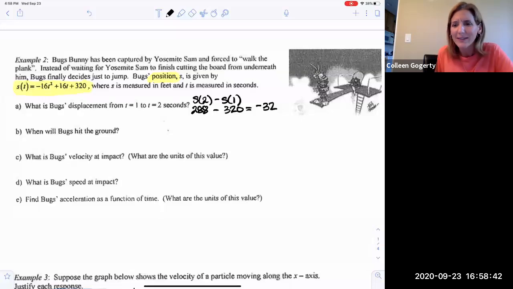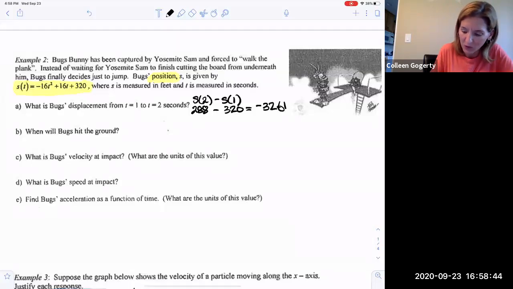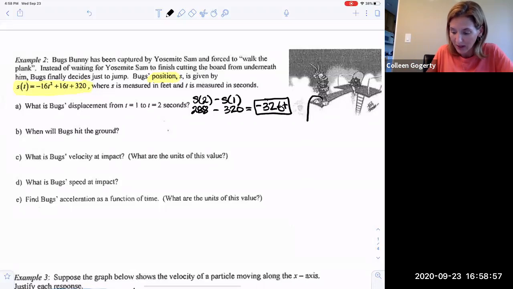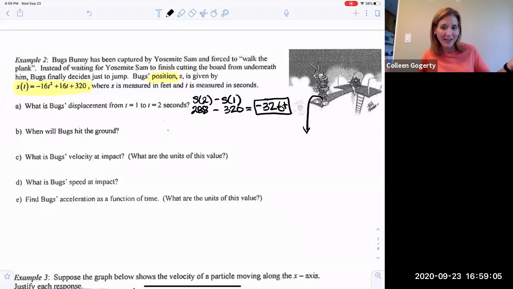Negative 32 what? Well, first of all, it's negative 32 feet, okay? And why is this negative so important? Because the negative tells us a direction. Bugs has jumped off of this nice little board here, right? And is going down, okay? If you had 32 there, then you would be telling me he traveled 32 feet, but you've left off a really important part.